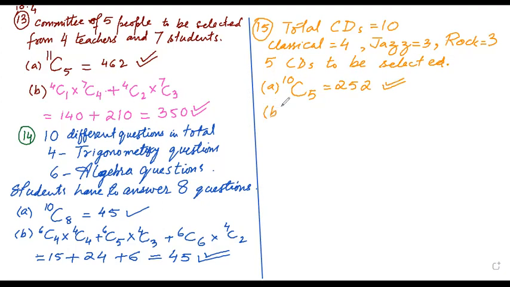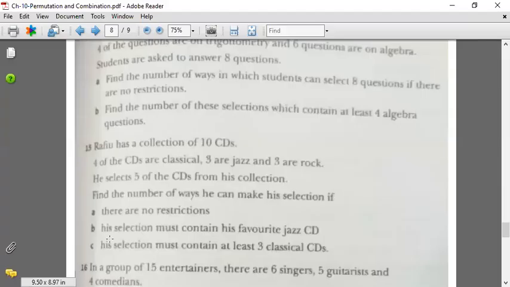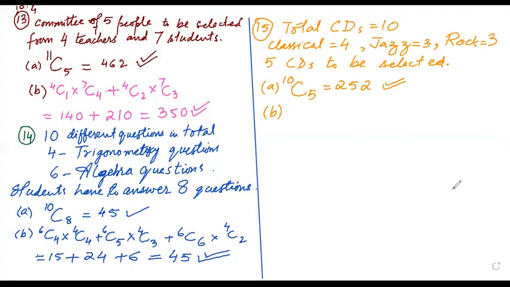Now in part B, you can see his selection must contain his favorite jazz CD. So what should we do?